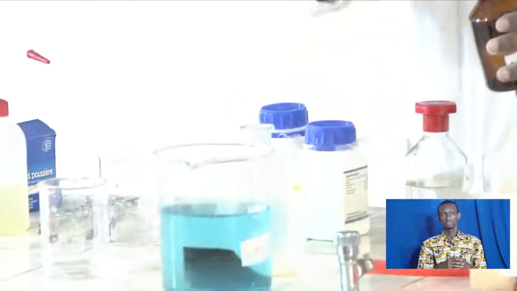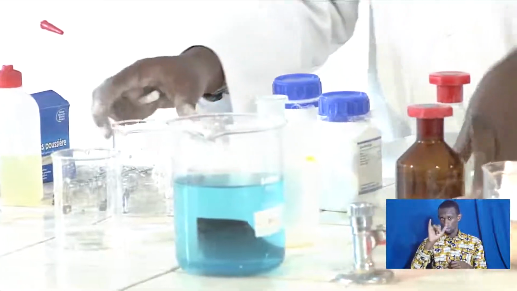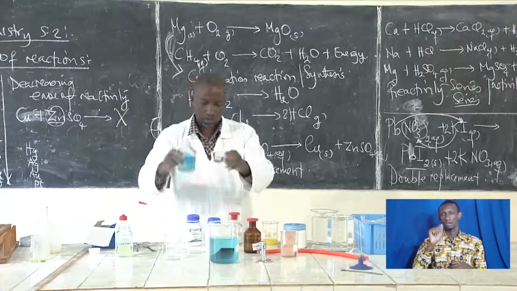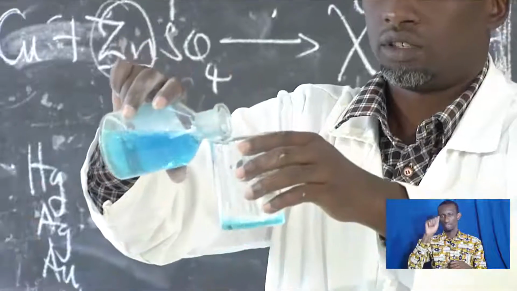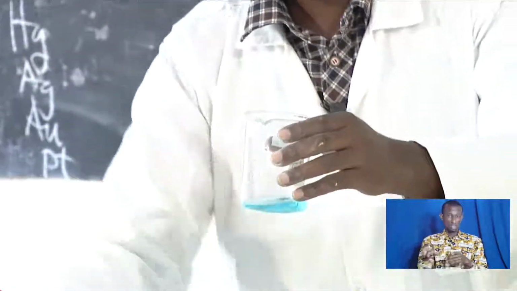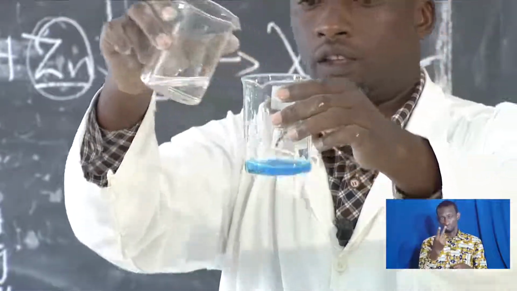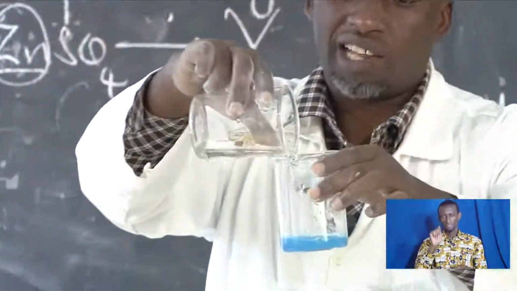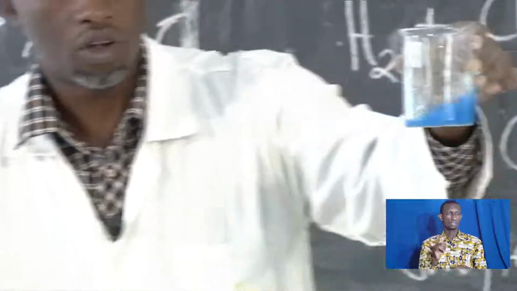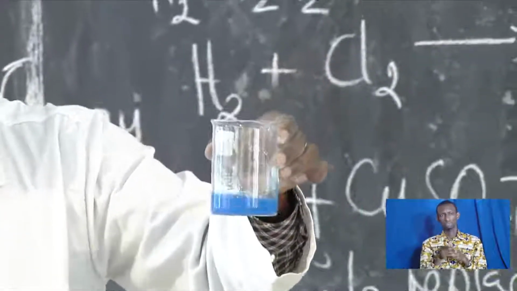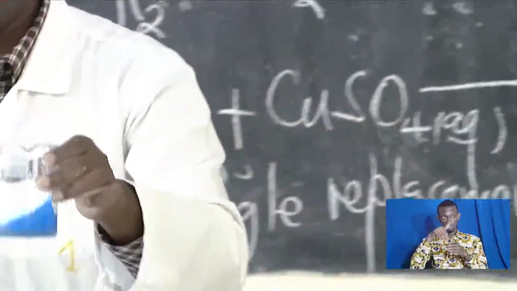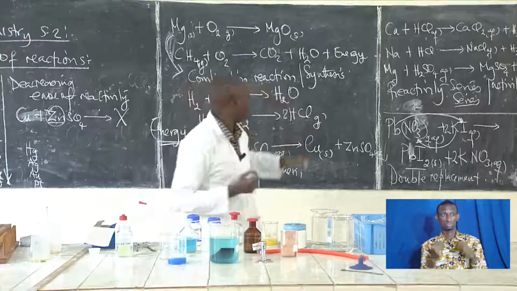That is sodium hydroxide. And I'm just going to mix it with the copper 2 sulfate solution. And see what is happening. We had done this one even before. This is a precipitate that is forming. Precipitate insoluble in excess. We had even mentioned this some time back.